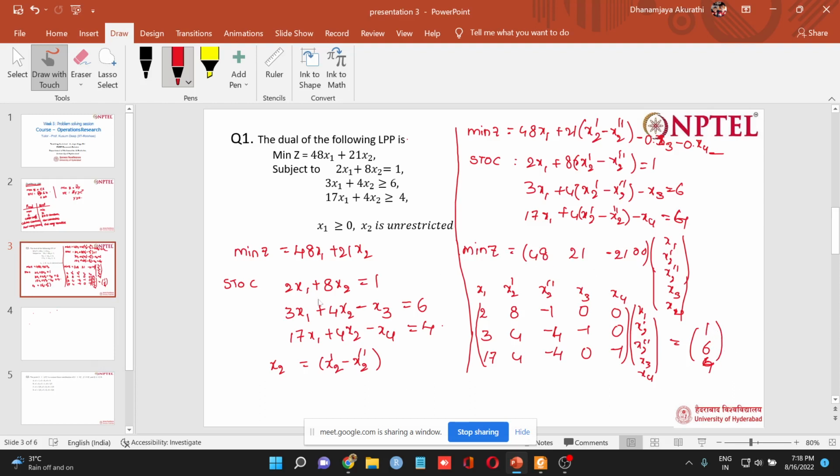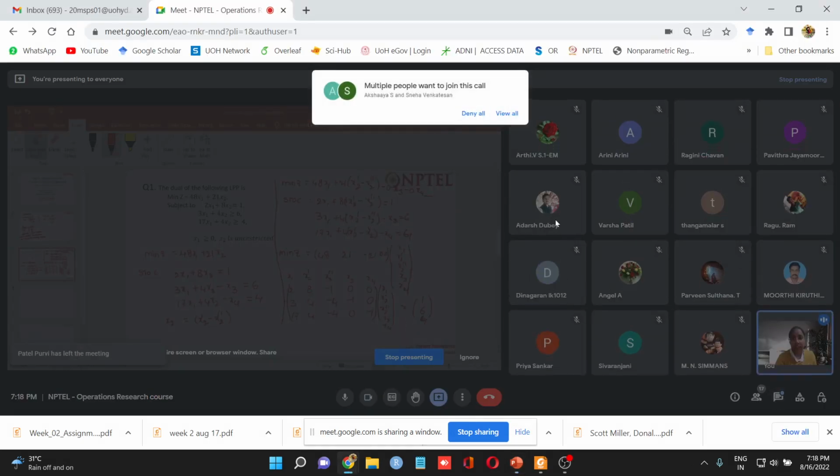What are these? 1, 6, 4. And how many variables come to the dual problem in our problem?